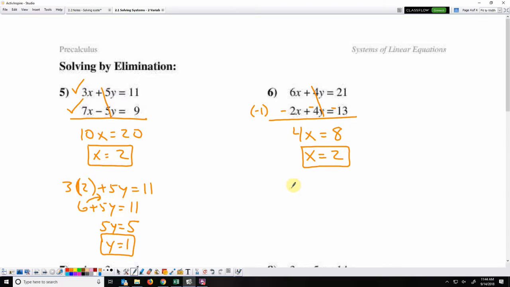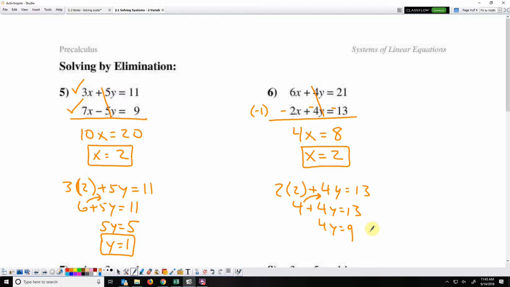And I can plug that into either of the original equations. So let's go with the bottom one this time. 2 times 2 plus 4y equals 13. Okay, so I'm going to have 4 here, plus 4y is 13. Then I'll subtract that 4 to the other side. 4y equals 9.